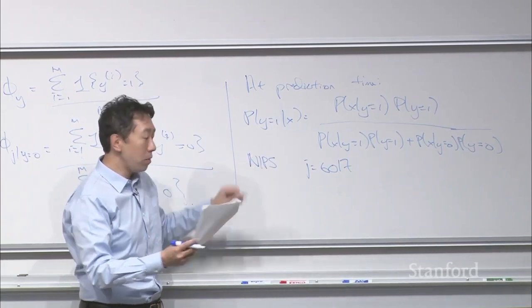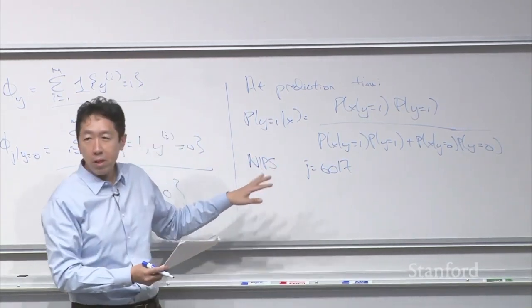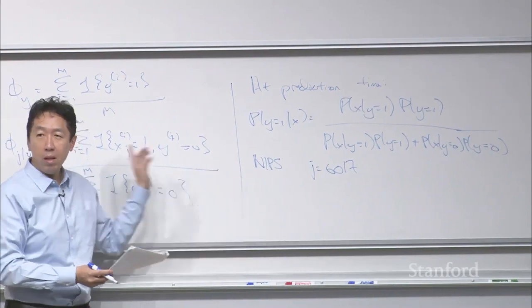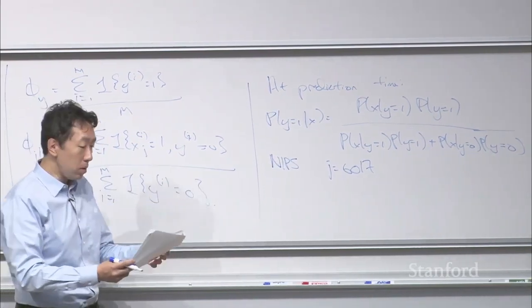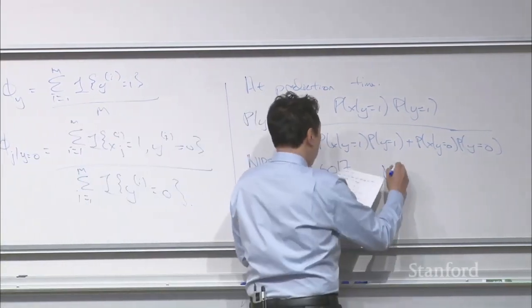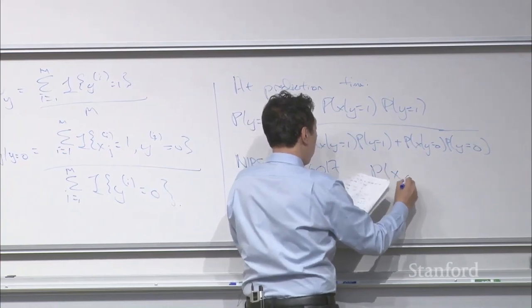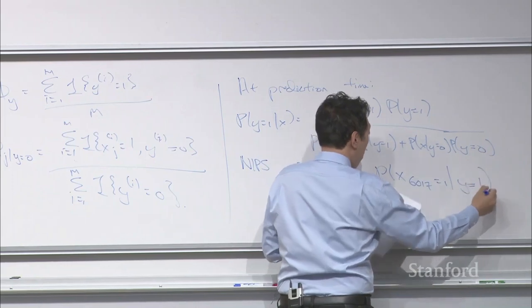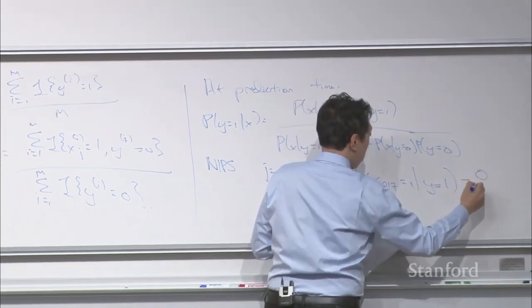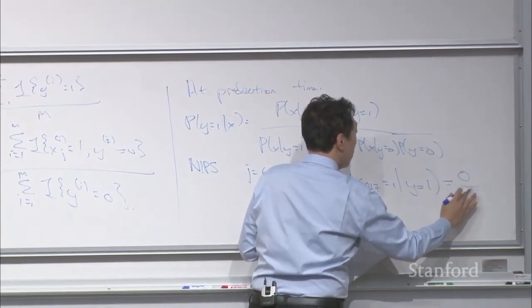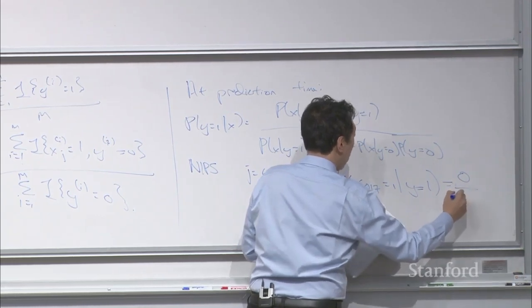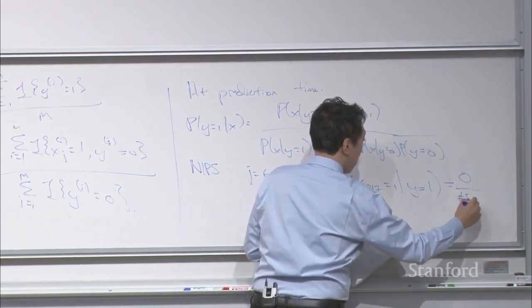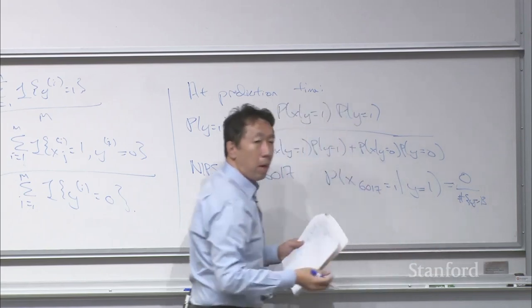And so if you use your current set of emails to find these maximum likelihood estimates of parameters, you will probably estimate that the probability of seeing this word, given that it's spam email, is probably 0, right? 0 over the number of examples that you've labeled as spam in your email.